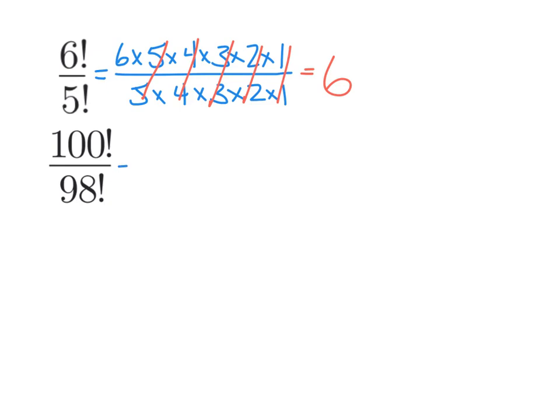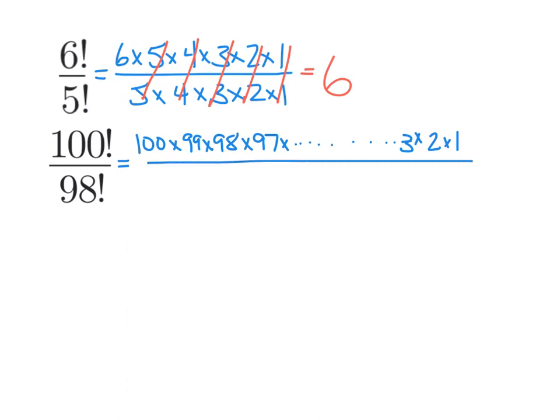And when we think about the definition of what factorial is, 100 factorial is going to be 100 times 99 times 98 times 97 times 96 times 95, all the way down until we get to 3 times 2 times 1.